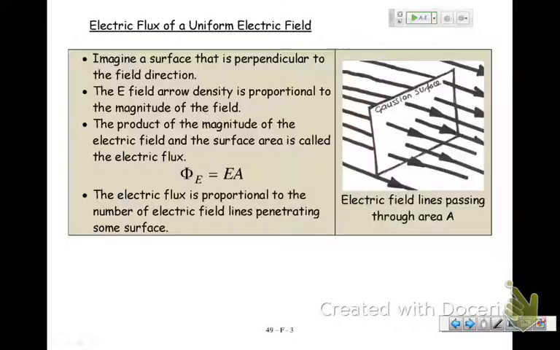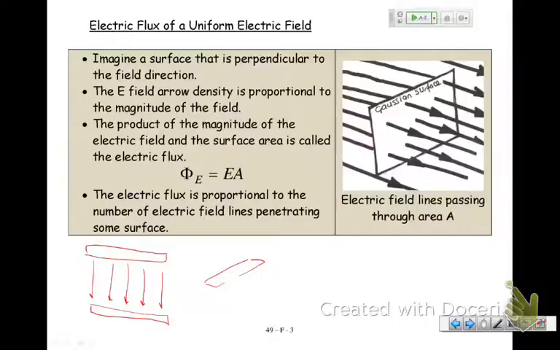So let's begin. We're imagining a uniform field. I know it's uniform because all the arrows are parallel to each other. So let's remind ourselves: a uniform field occurs between the plates of a parallel plate capacitor, and you get a nice uniform field. In my mind, I envisage a path on top of an embankment and a path at the bottom of an embankment, and it's a nice uniform embankment.